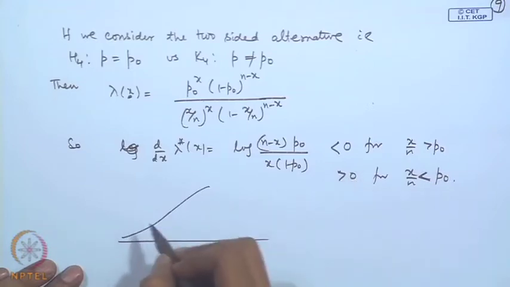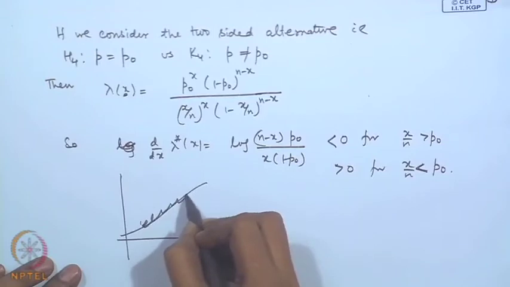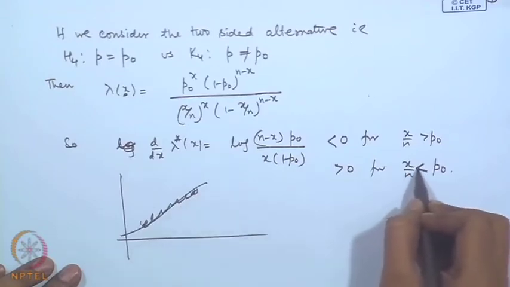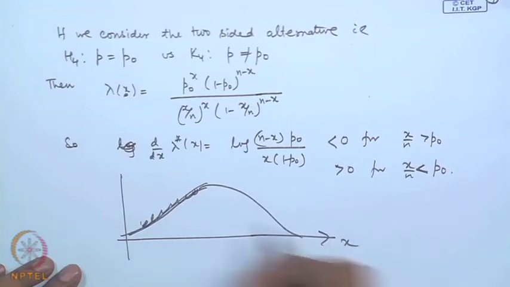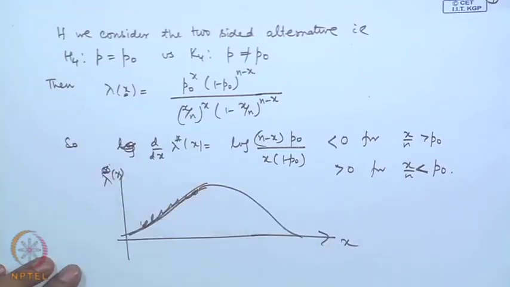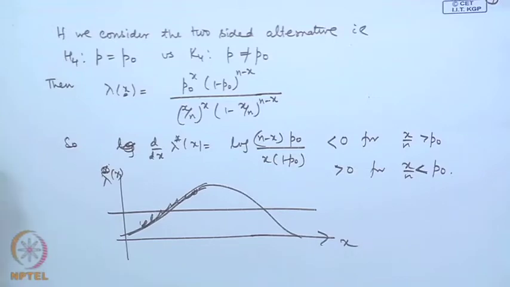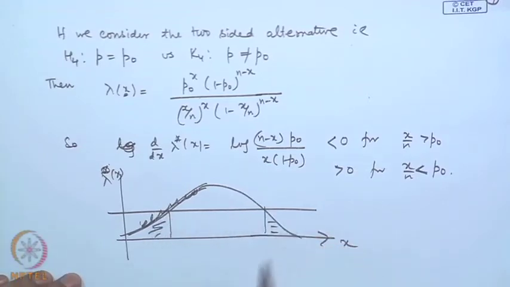So, if I am treating it as a function of x, then firstly it is increasing, and then it is decreasing. On this side I have x, on this side I have lambda x or lambda star x. So, now the region lambda x less than or equal to c is equal to these two regions.